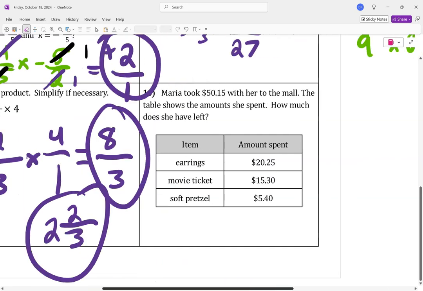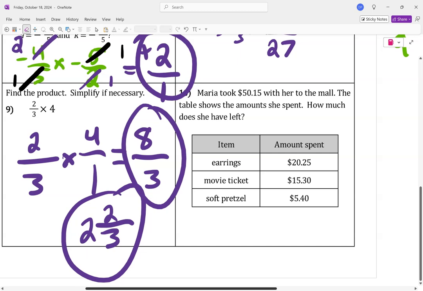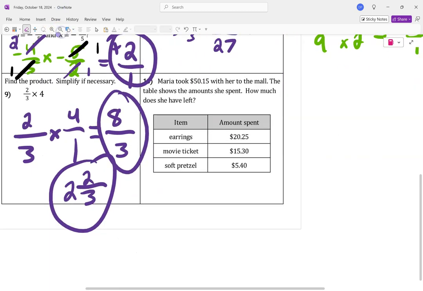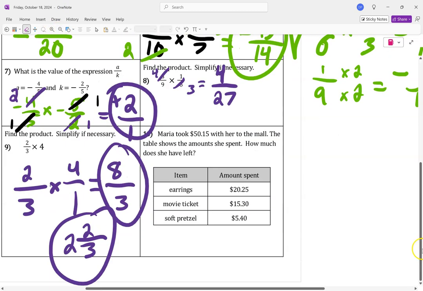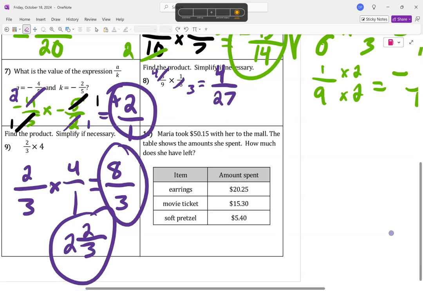And I'm going to speed this one up by doing the math quickly. Let me zoom out for people that weren't writing as much as they should. Okay, so Maria took this much money with her, and then she bought all this stuff. How much does she have left?